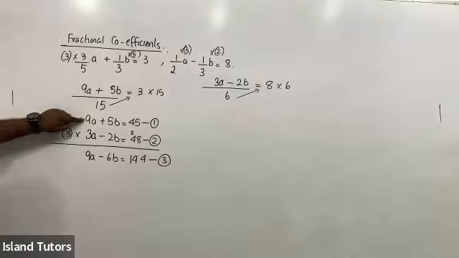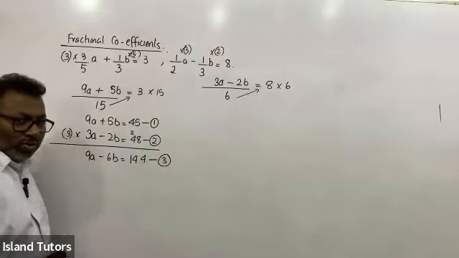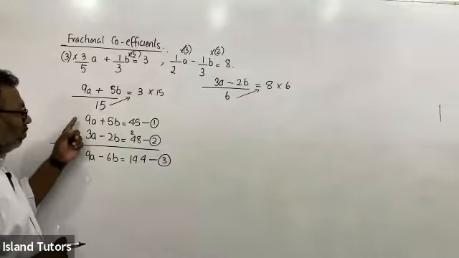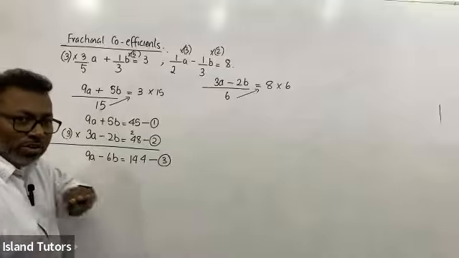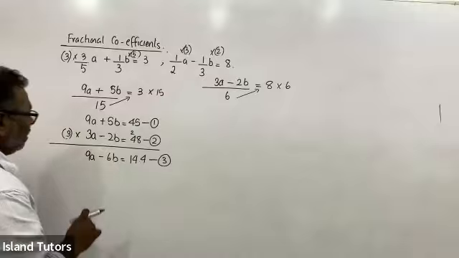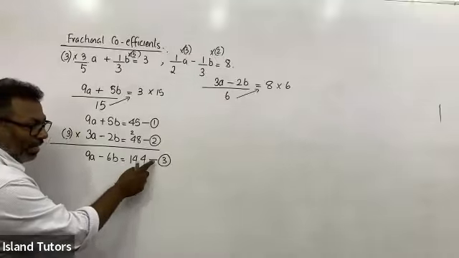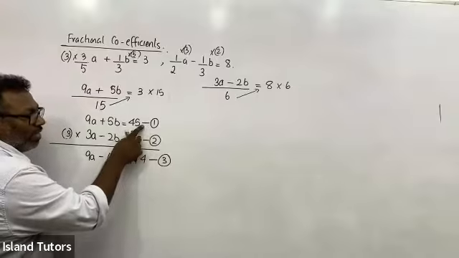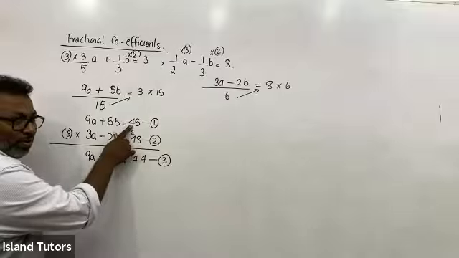Now check. 9a, 9a. Coefficient same. So all you do now is what? Coefficient same. Subtract. You subtract the two equations. What I will do is, I'll take equation 3 and subtract equation 1. Why? 144 is bigger than 45. Right?